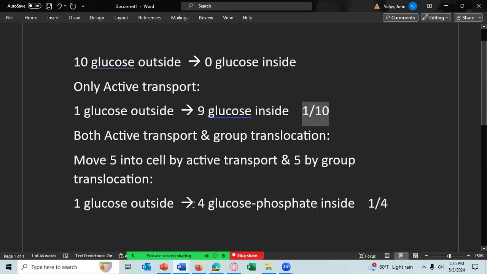And it's easier moving the glucose into the cell when you have both active transport and group translocation to move the glucose into the cell. And prokaryotes can do this. And they do. Any question about any of that? All right.